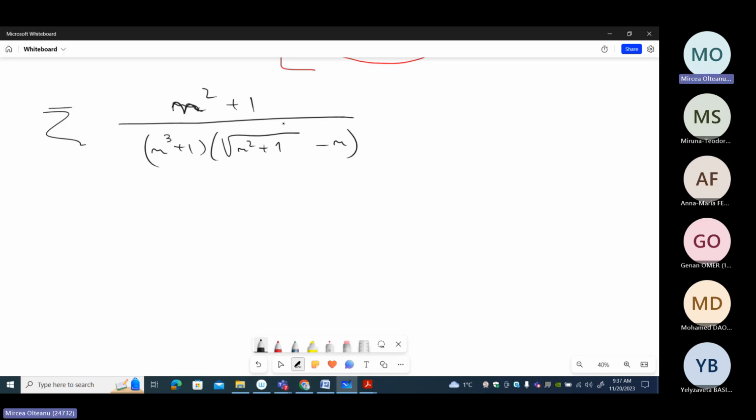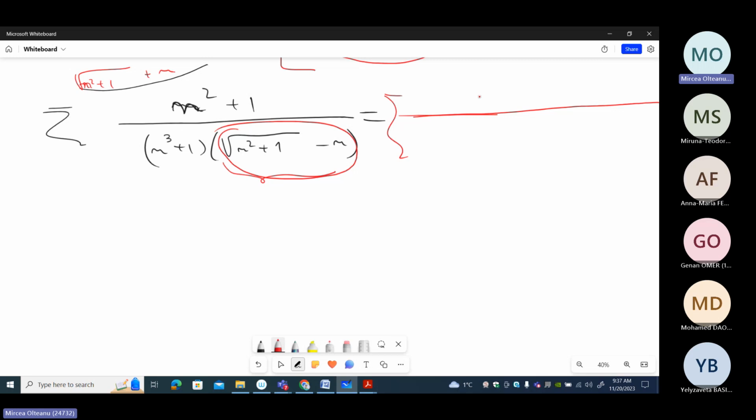Again, the same idea. First, we amplify with the conjugate of this expression, which is the square root of n squared plus 1 plus n.